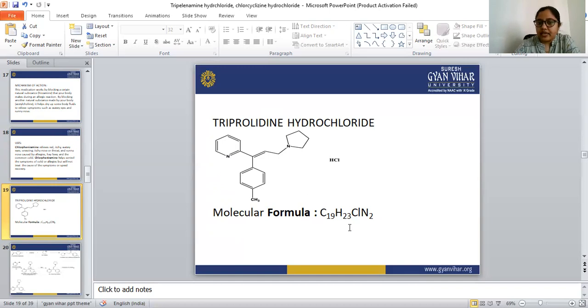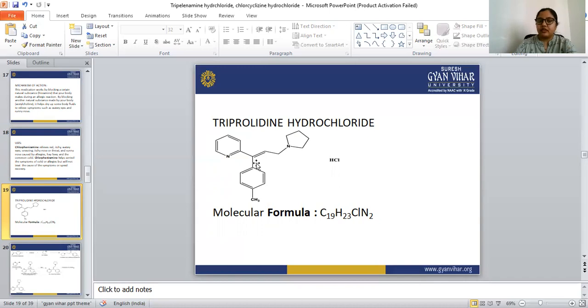And H23. In the same way we can count the hydrogen atom number. And one chloride here, and 2 nitrogens. So these are the atoms present in triprolidine hydrochloride.